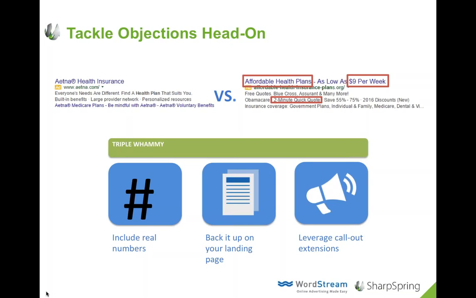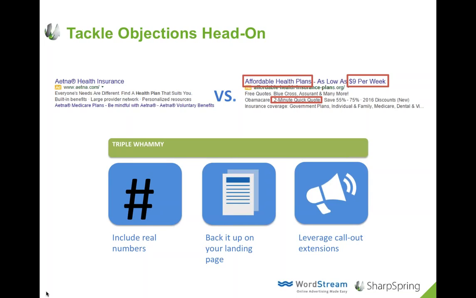But if you look at the second ad in this example, there's 3 things that I think they're doing particularly right. They're tackling the objection that health insurance is expensive. It's not only just saying it's going to be affordable, it's giving me a real number, as low as $9 a week. The other idea is it's going to take me a long time to figure this stuff out.